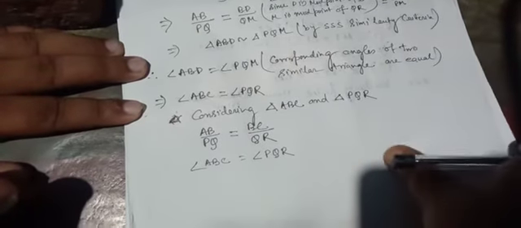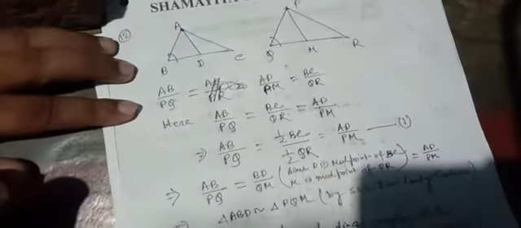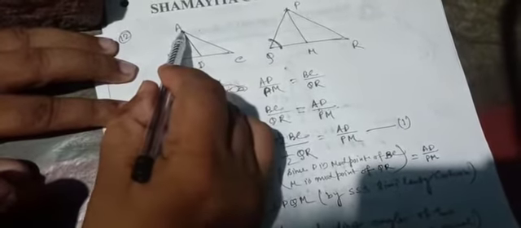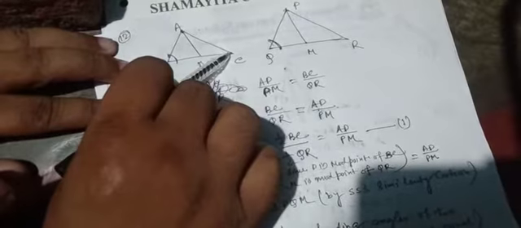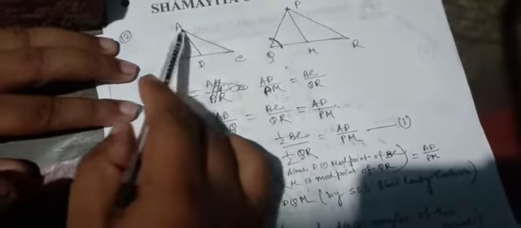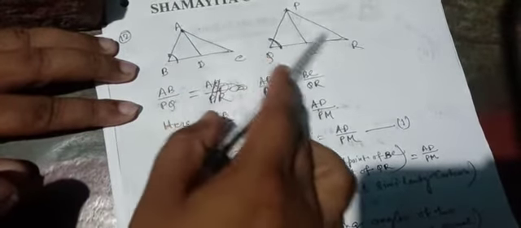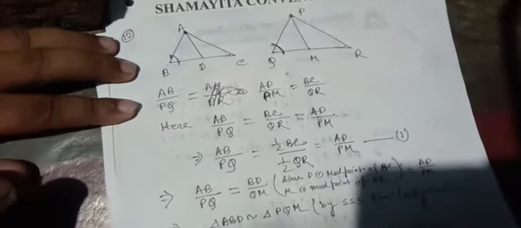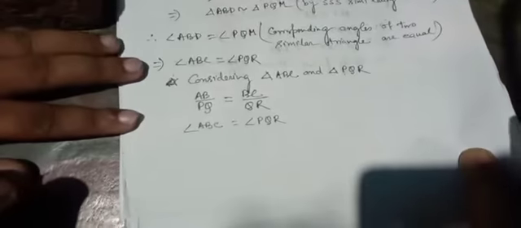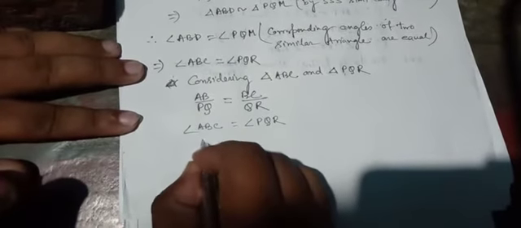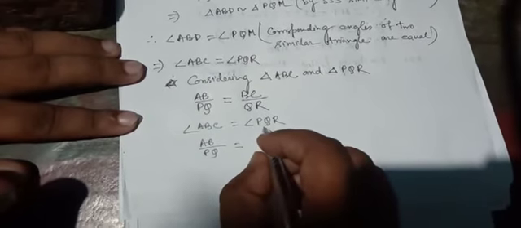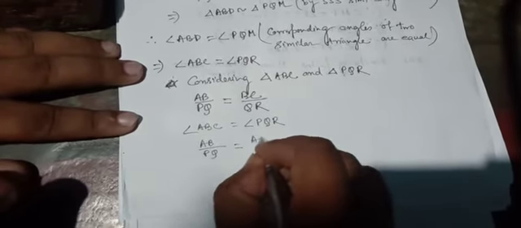Since these angles are equal, we can say that the sides are in the same ratio. So we can write again that AB by PQ equals AC by PR.